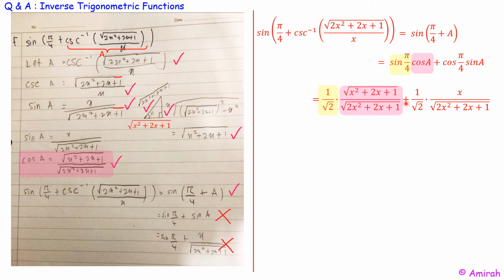And then in between here is plus. And then we have cos pi over 4 which is equals to 1 over sec 2. And sin A from here equals to x over square root of 2x squared plus 2x plus 1. Right?